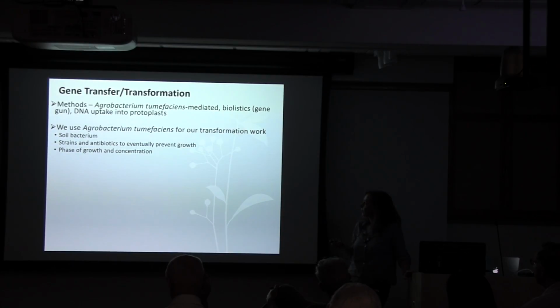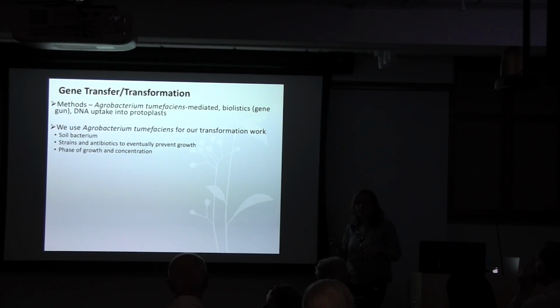There are different strains that you need to consider when you're doing the transformation. You need to think of it as a plant-pathogen interaction. Depending on the strain that you're using, there are antibiotics that will eventually eliminate that bacterium, because if we don't do that after a transformation, the agrobacterium overgrows the material and kills it.